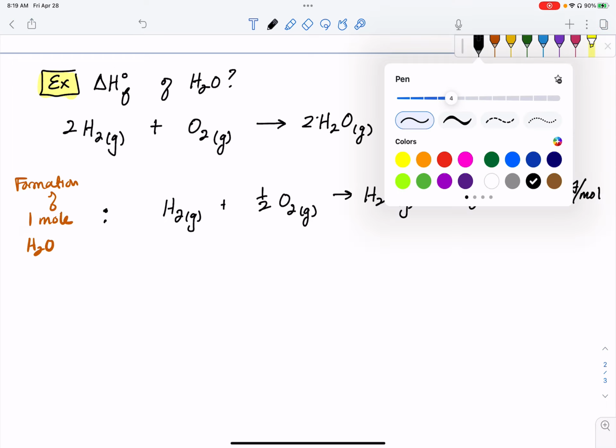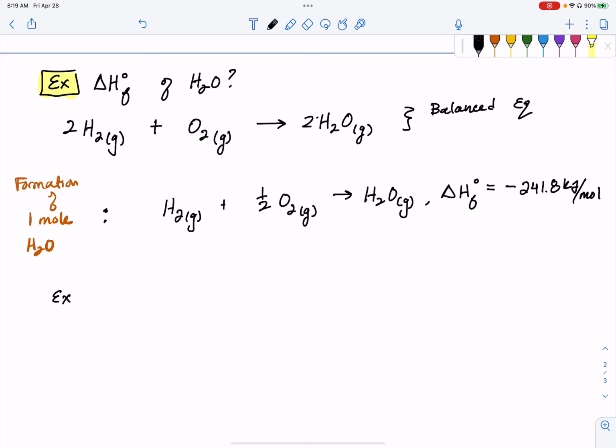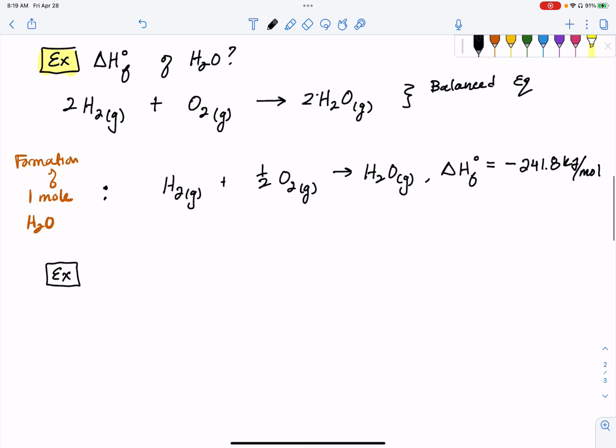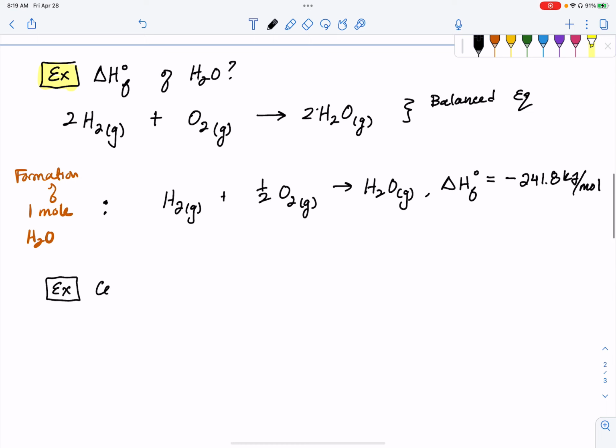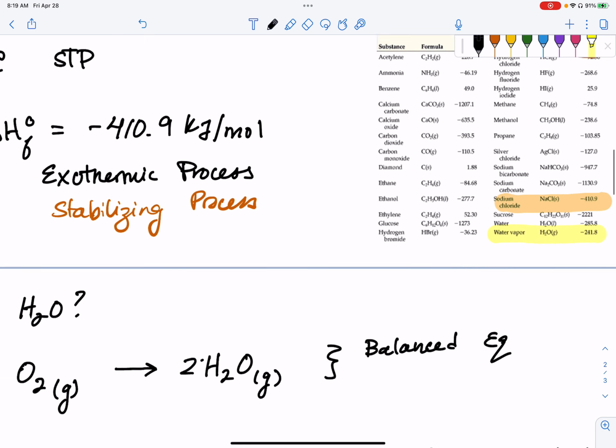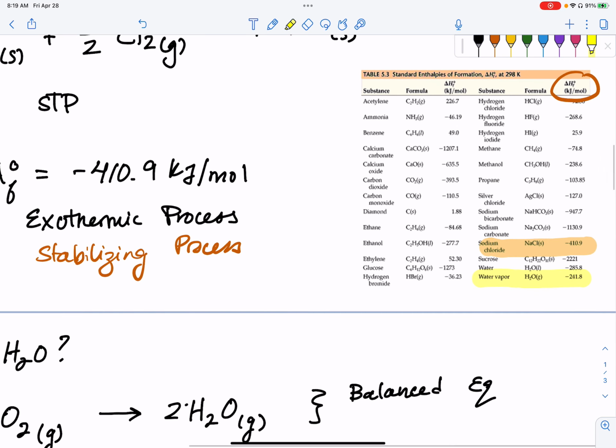Okay, let's do one more example where we take this tabulation of standard enthalpies of formation and do something interesting with it. Consider the formation of, let's pick something here. Hydrogen chloride. No, I can't even see that because I wrote over it.